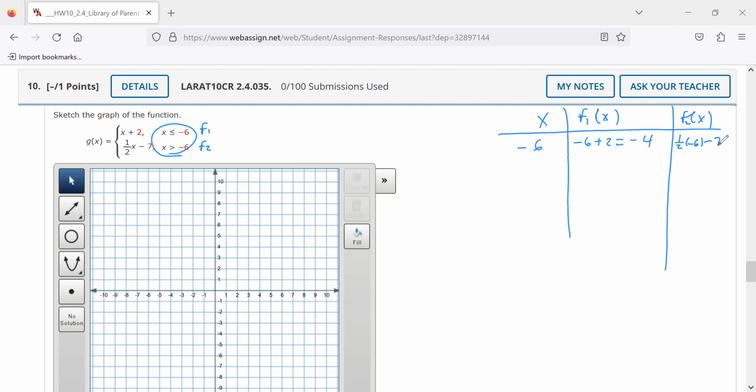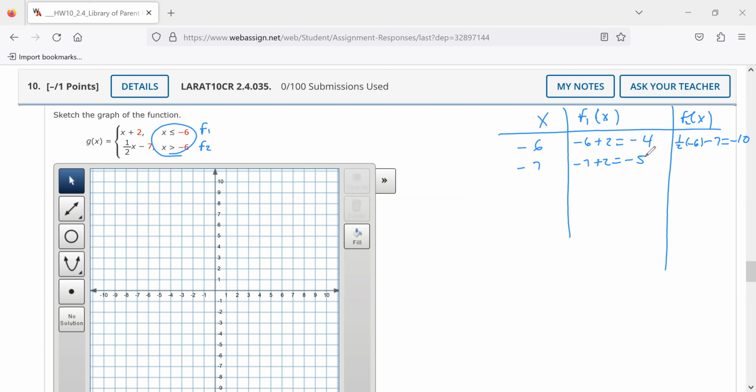So that would be -10. So plug in one more below for the top one. We're only going to use it here for F1. So that would be -7 plus 2 equal to -5. So we have 2 points.